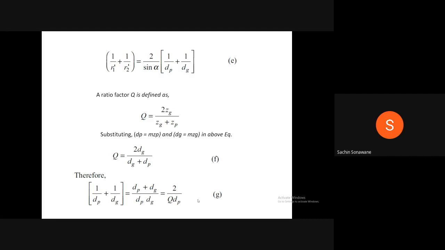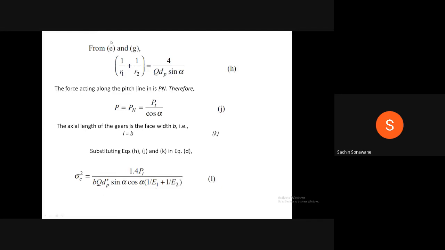Okay, next, from equations E and G, 1 upon R1 dash plus 1 upon R2 dash is equal to 4 divided by Q dp sin alpha, equation H. The force acting along the pitch line is Pn, the normal force. Therefore, P is equal to Pn, which is equal to Pt upon cos alpha. This equation we have seen in force analysis.